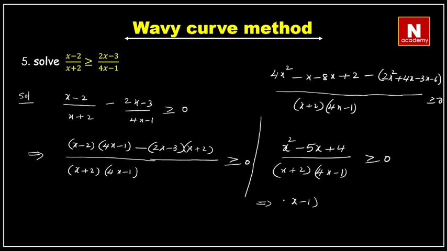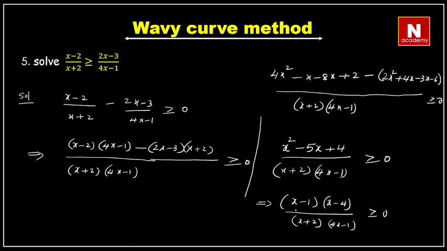The factors are (x minus 1) into (x minus 4) by (x plus 2) into (4x minus 1) greater than or equal to 0. Now we have to solve this. So RHS is already 0. The left hand side parts also have factors.